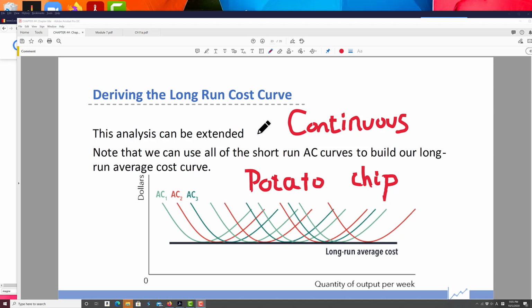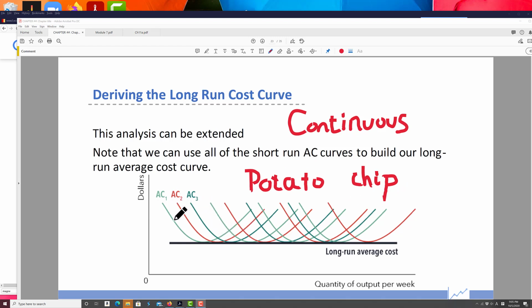Next, let's consider the continuous case. In this case, we can use a whole bunch of short-run cost curves and fine-tune the plant size. A good example would be, instead of a memory chip factory, a potato chip factory.